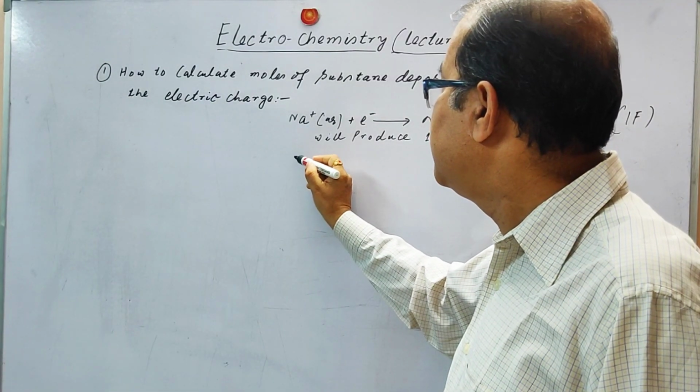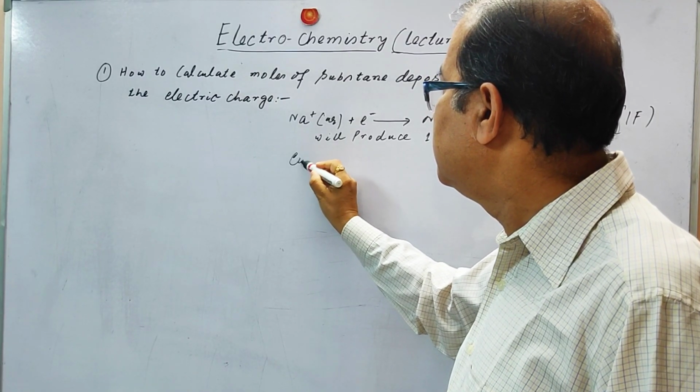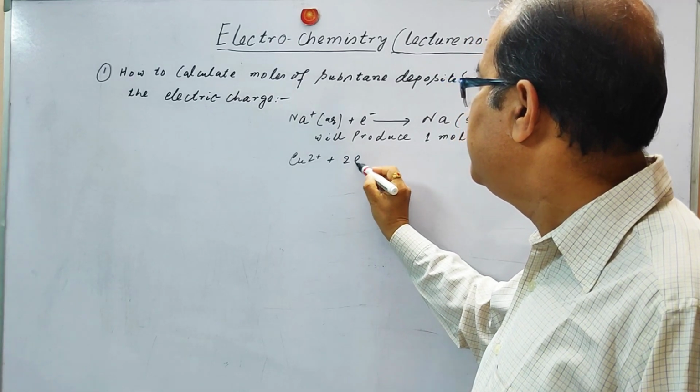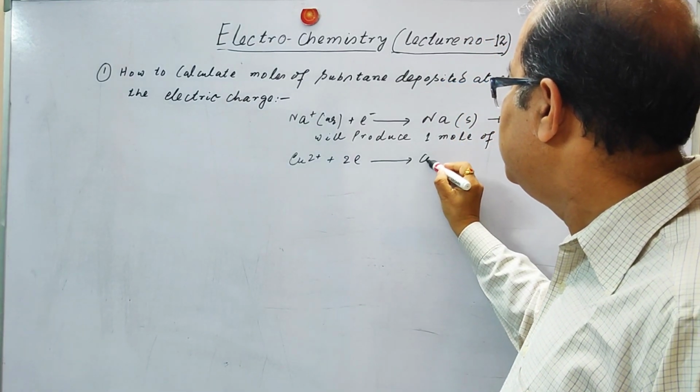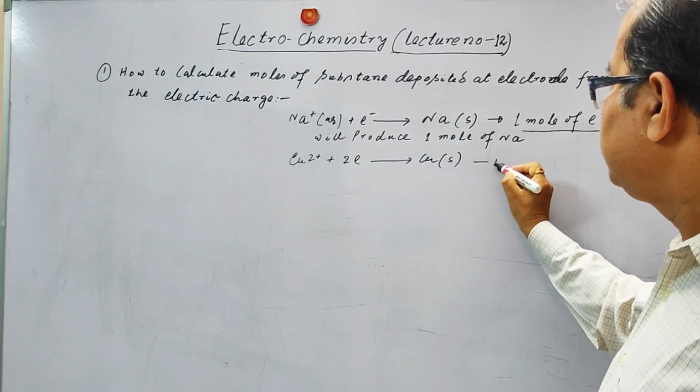Second, let us understand another one: Cu2+ plus 2e- gives Cu(s).